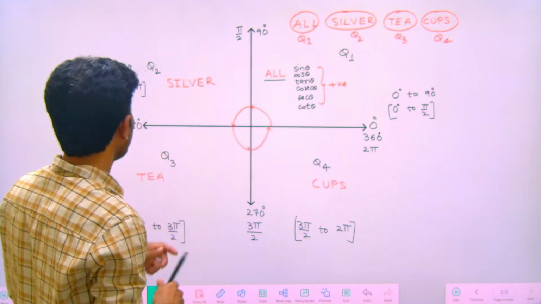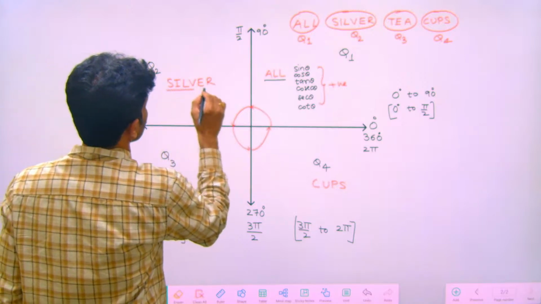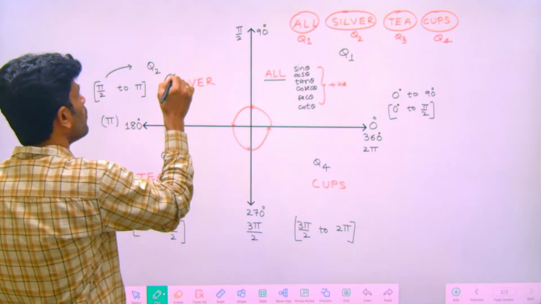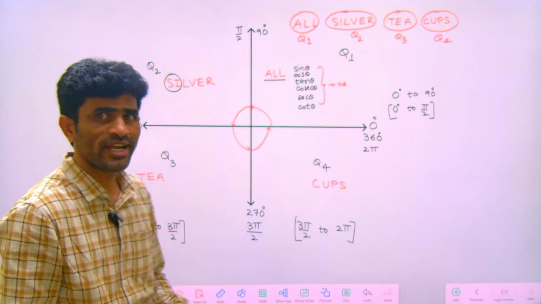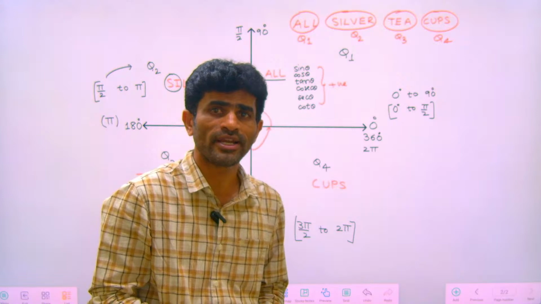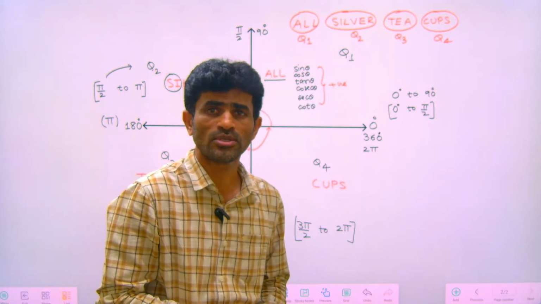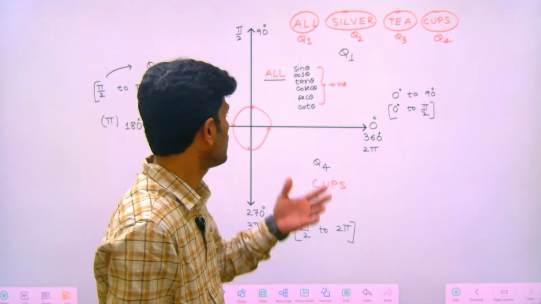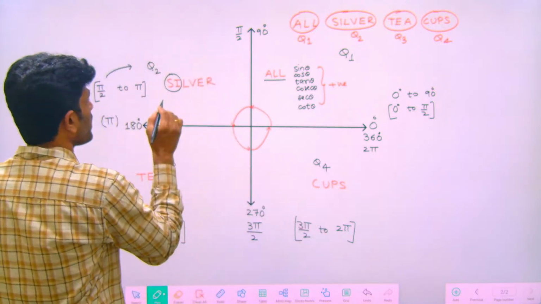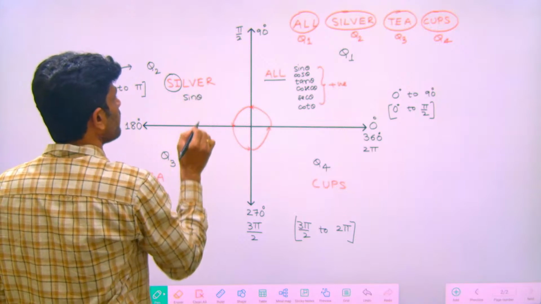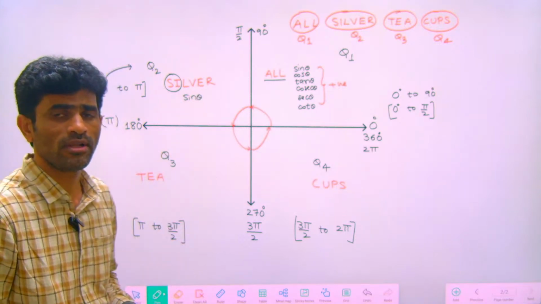Now coming to second quadrant, we have silver. In the silver, you take these two, we have SI. What does that SI indicate? A trigonometric ratio which starts with SI. Which trigonometric ratio starts with SI? Clearly sine. So here sine theta will be positive. And what is its reciprocal?